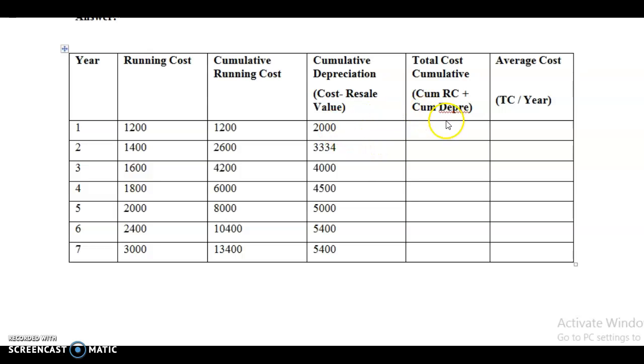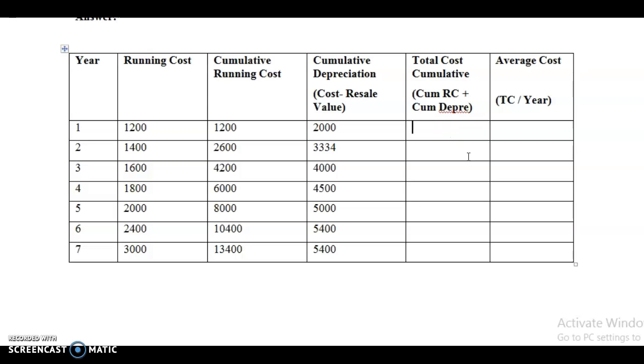Then move on to the cumulative total cost column. The cumulative total cost is found by adding cumulative running cost and cumulative depreciation, that means the third and fourth columns.